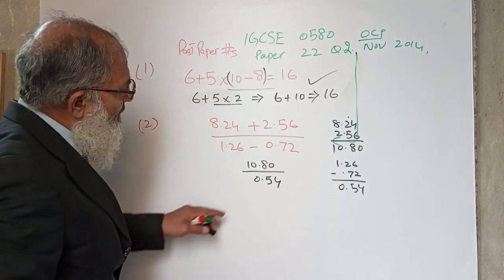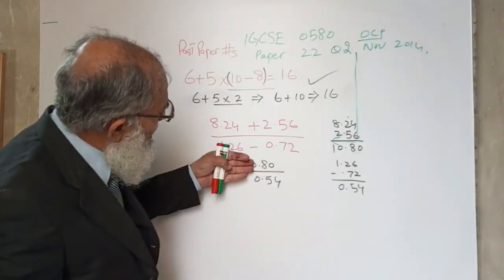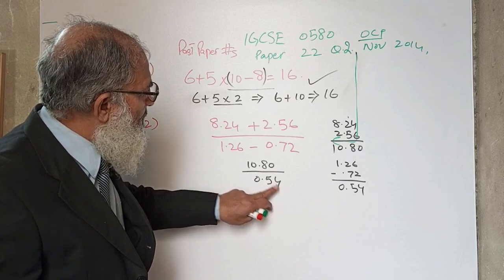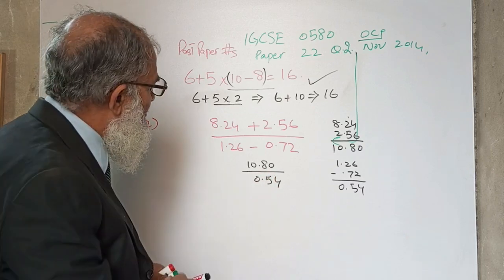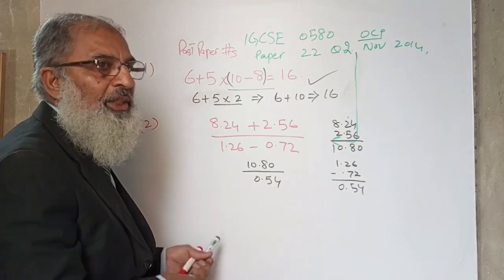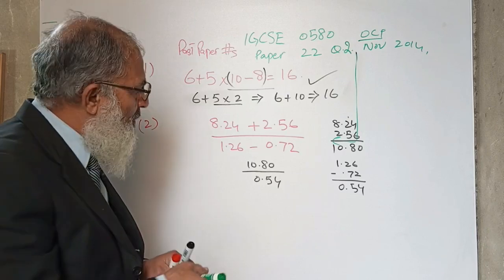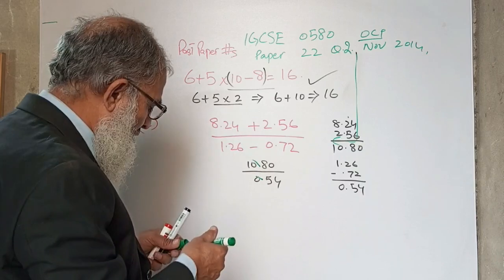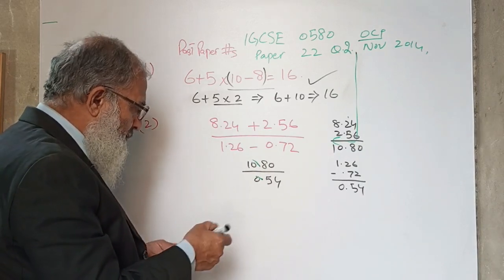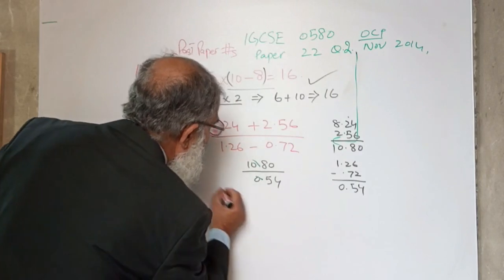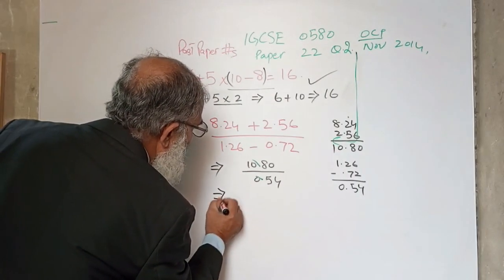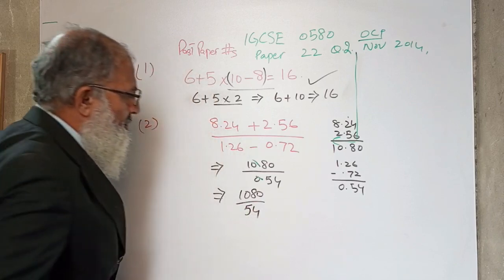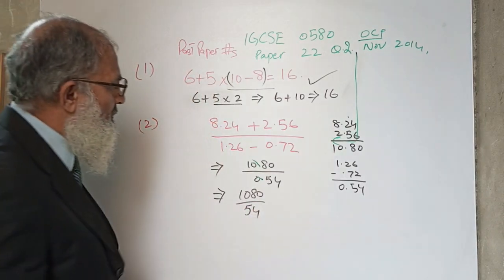And you see, the numerator has two decimal places and the denominator also has two decimal places, so we can remove the decimal points from both. It will become 1080 divided by 54.